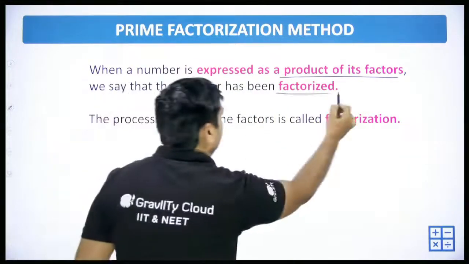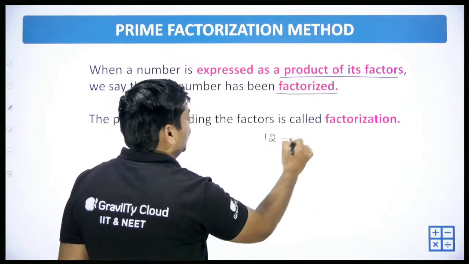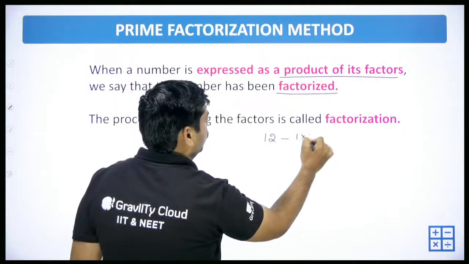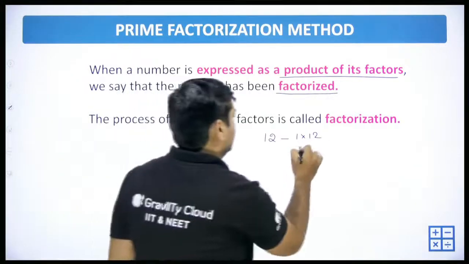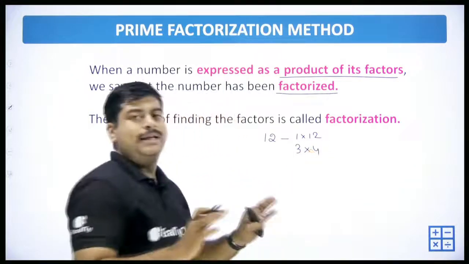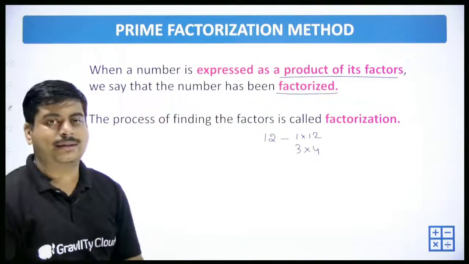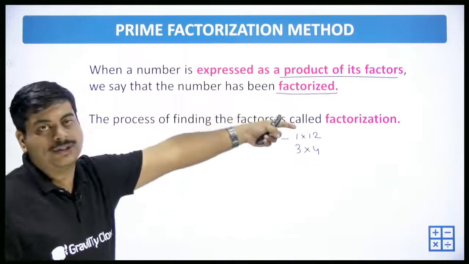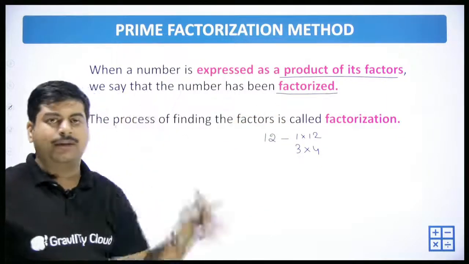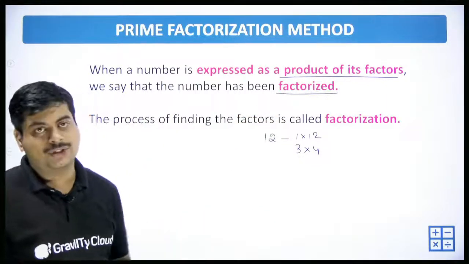For example, if I take a number 12 and I write 1 into 12, it is being factorized. 1 and 12 are the factors. 3 into 4, it is being factorized. The process of finding the factors is called factorization.